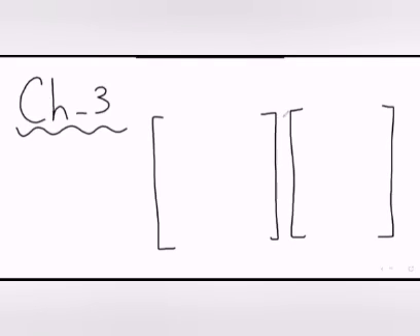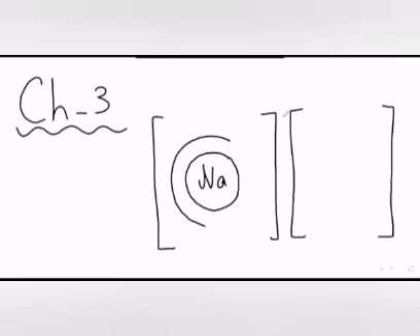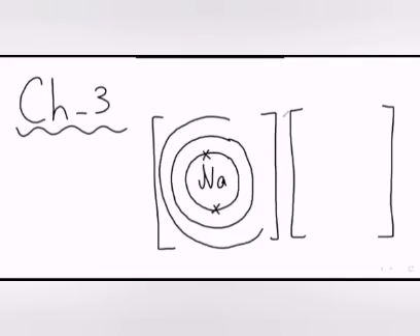For example, if we have the ionic compound sodium chloride, this is the sodium ion. Your examiner will show you maybe the first shell, and he will leave you to draw the electrons in the second shell and those in the third one.